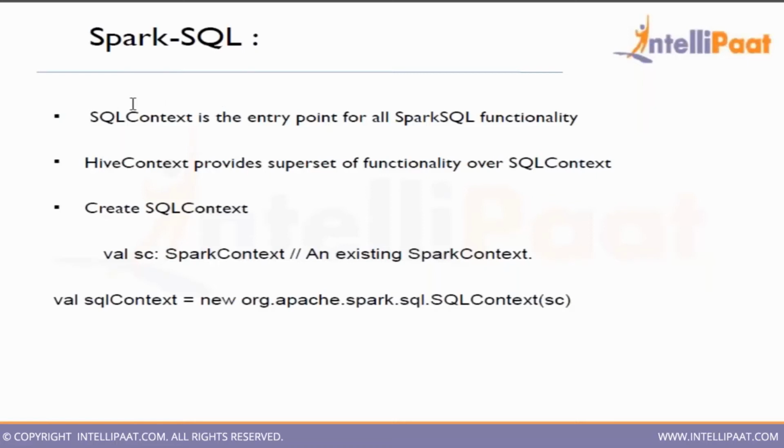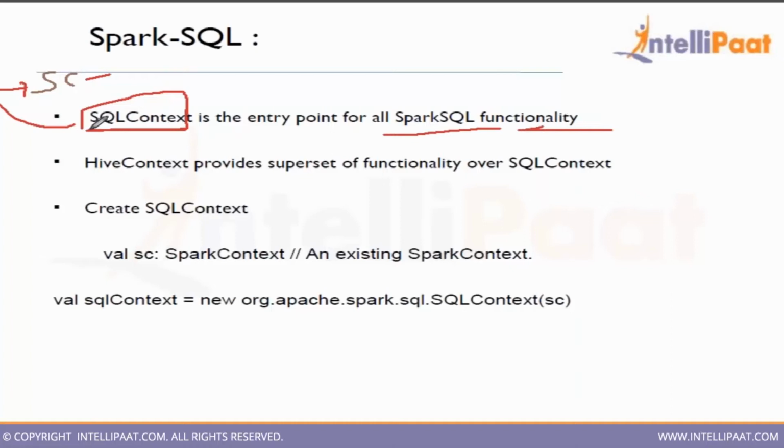Spark SQL. So, like for the Spark core, we have SC as a Spark context, right? Similarly, for Spark SQL, we create the SQL context out of this SC only, Spark context only, so that the SQL context becomes the entry point for our Spark SQL related functionalities.